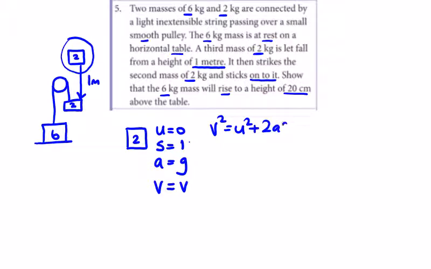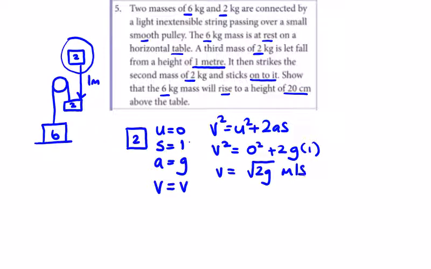We're going to be able to get the speed of this 2 kilogram as it hits the other one. v squared is going to be 0 plus twice g s. We have s as 1, so 2g times 1. So v is equal to the square root of 2g in meters per second. So that's the speed of this guy as it just about hits this guy.